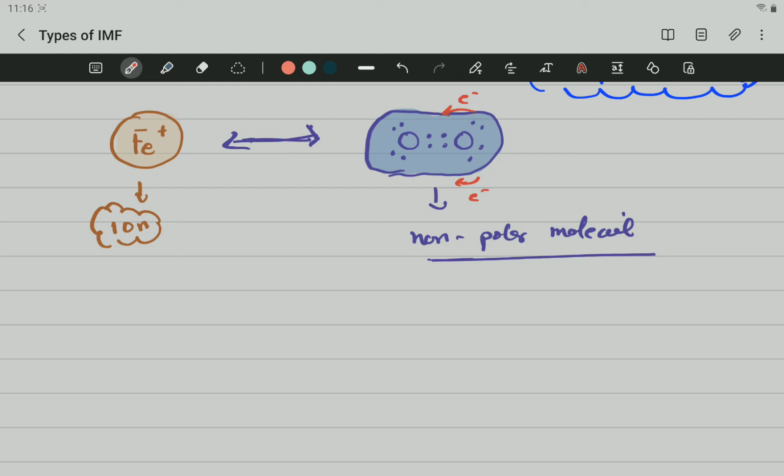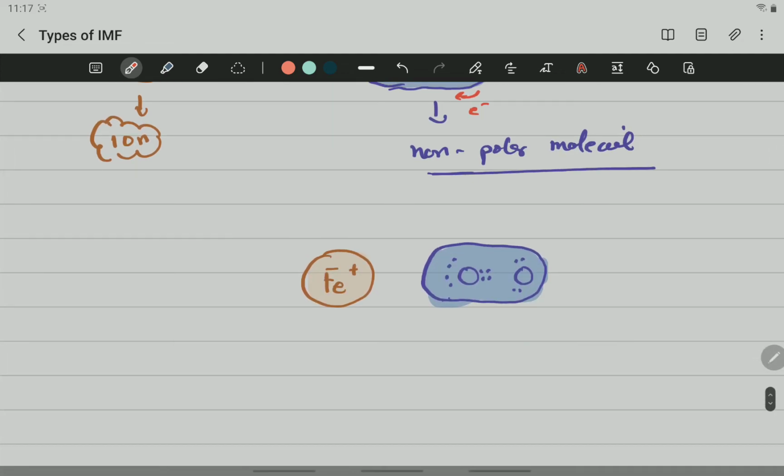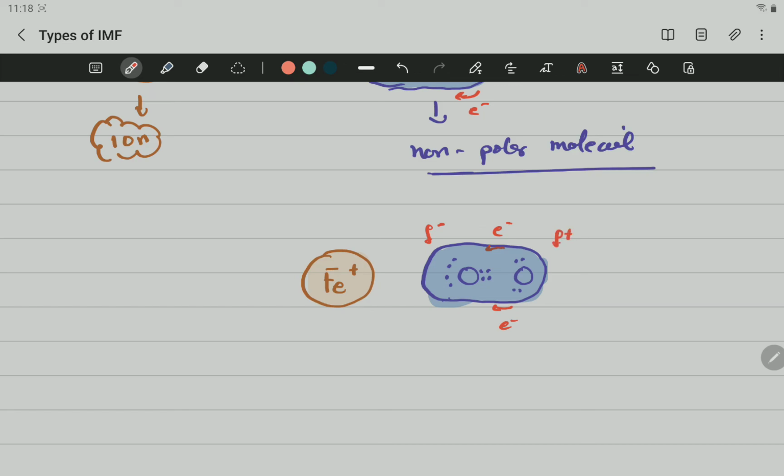Okay, so it will be something like this. You can see here that as the ion comes into contact with the oxygen molecule, all the electrons attempt to move to the left. They shift to the left, and then this molecule temporarily becomes slightly more negative on this side because it has more electrons towards that end, and slightly more positive toward this side.